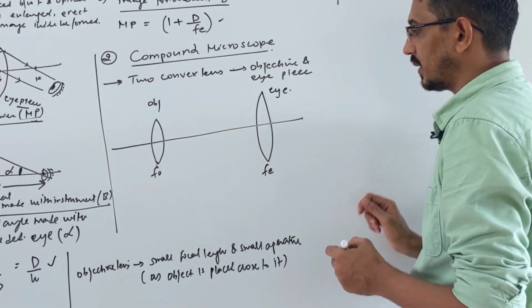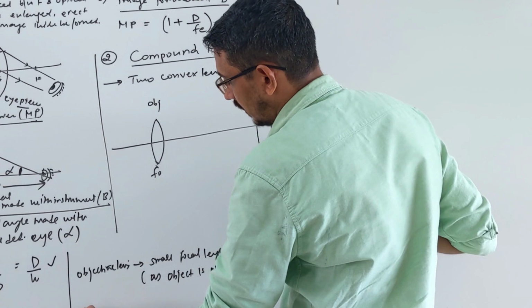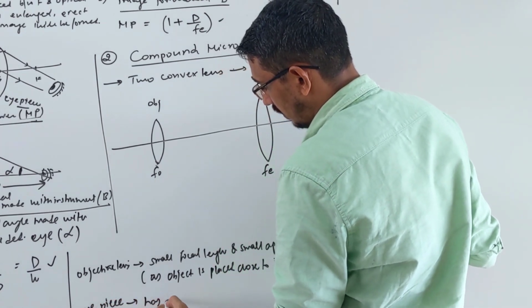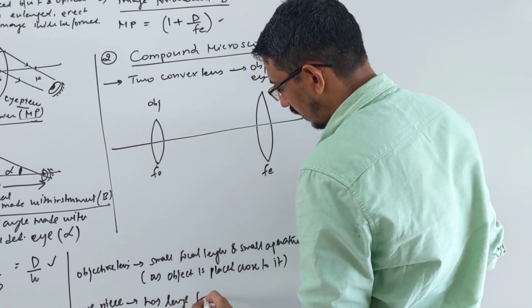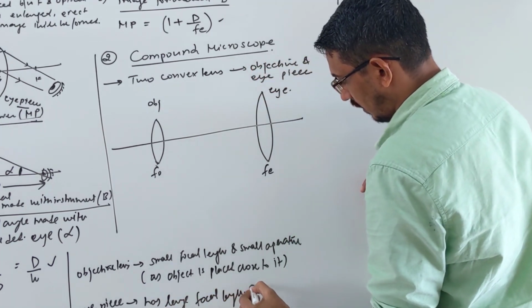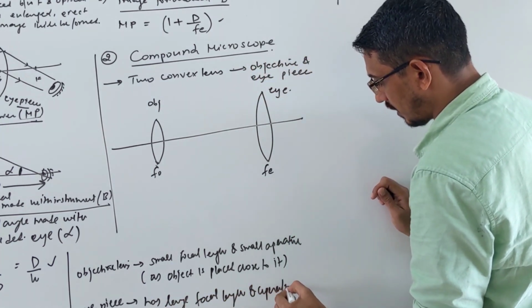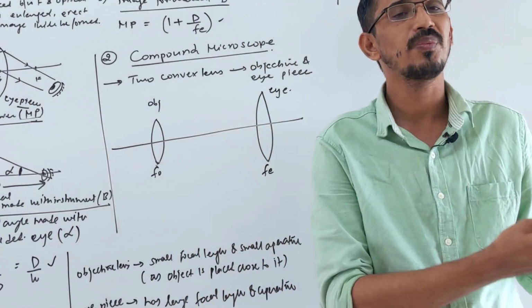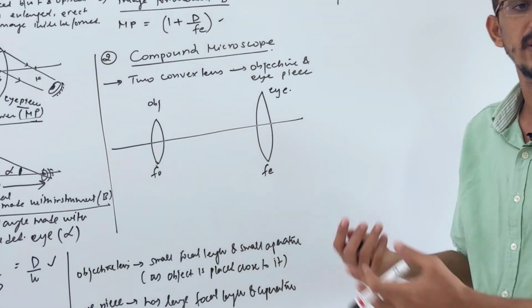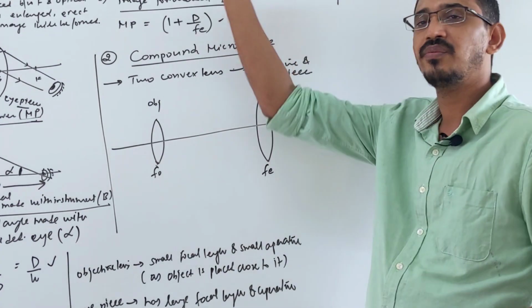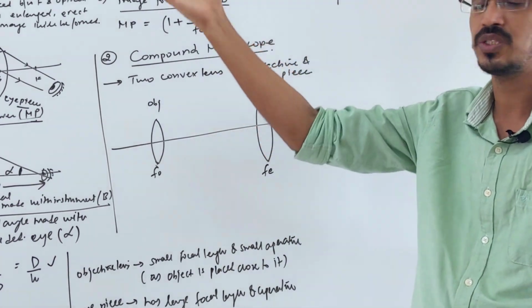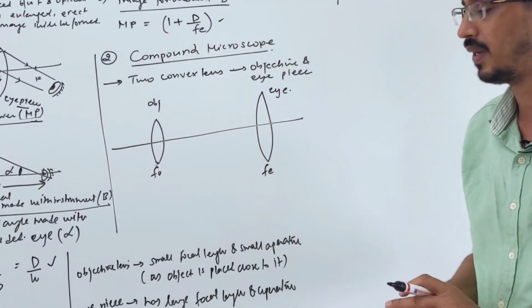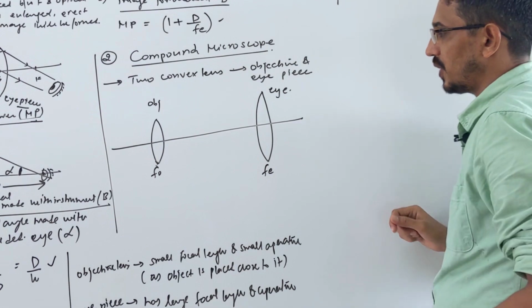While your eyepiece has a larger focal length and aperture as compared to your objective lens. This will be just the opposite in an astronomical telescope, because light will come from very far, from infinity, so we need a large aperture of the objective lens to collect more light.